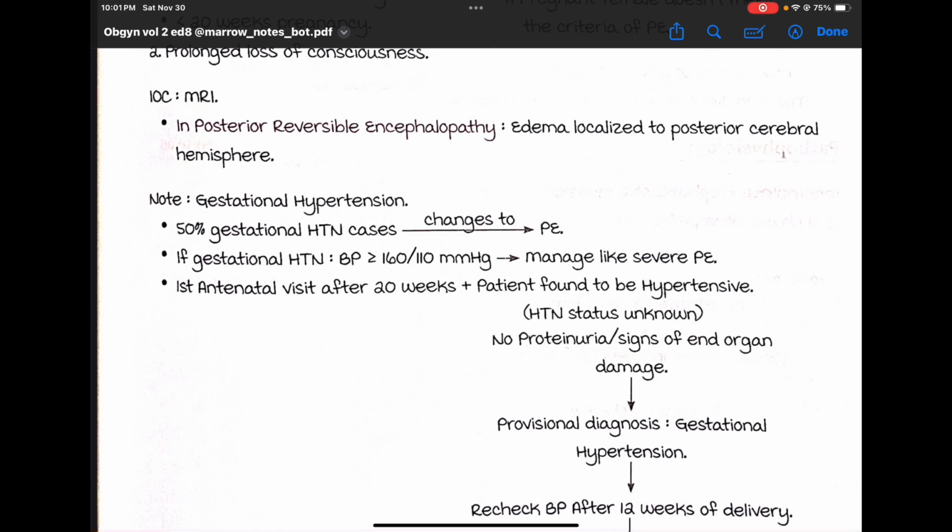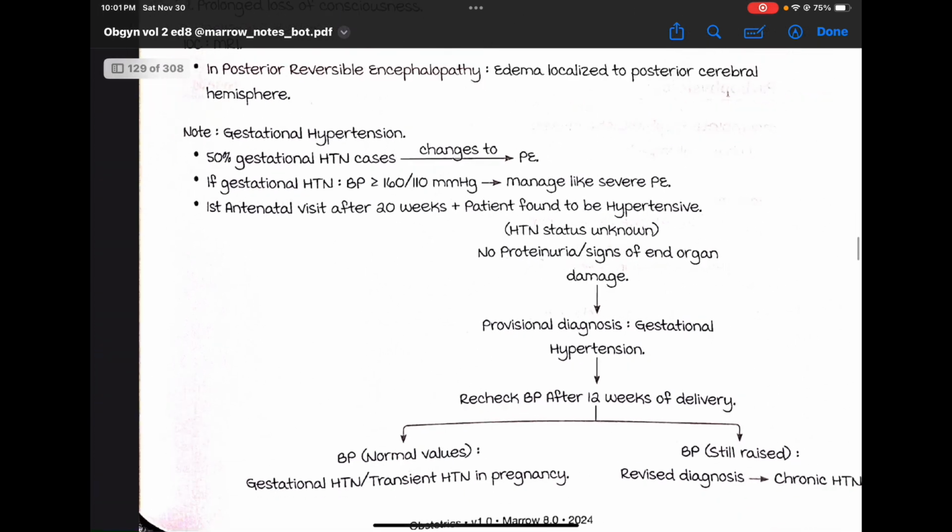In posterior reversible encephalopathy, edema is localized to the posterior cerebral hemisphere.